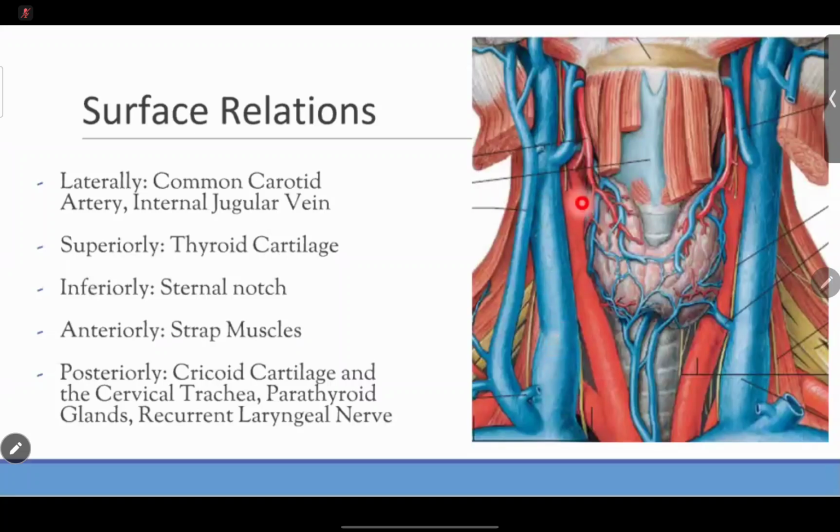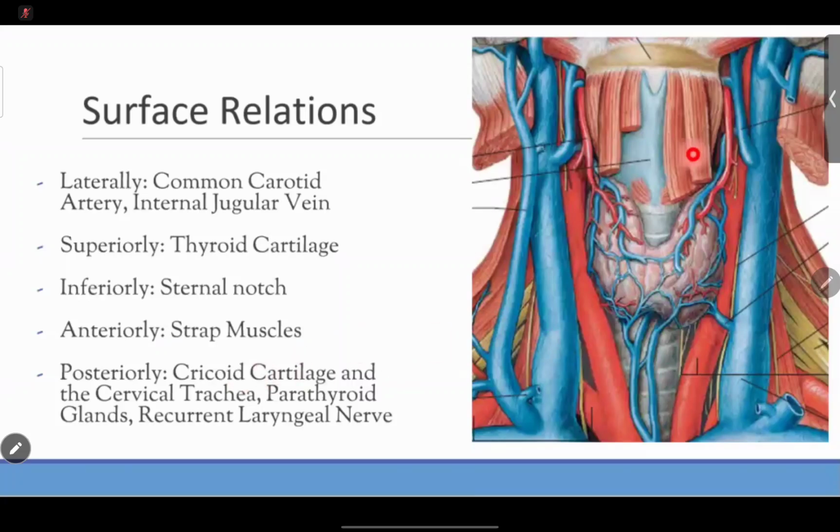Based on experience, when you reach the thyroid gland, the one in close proximity would usually be your carotid artery, which you can feel pulsating. And then superiorly, your thyroid cartilage of the laryngeal framework. And inferiorly would be your sternal notch. Some thyroid glands would even reach the thoracic area.